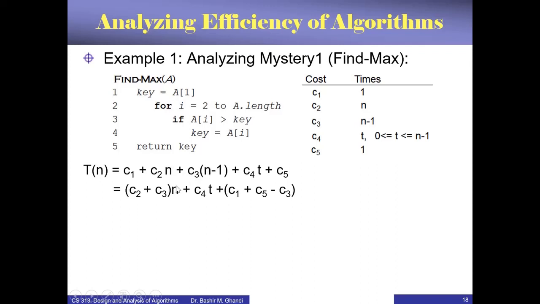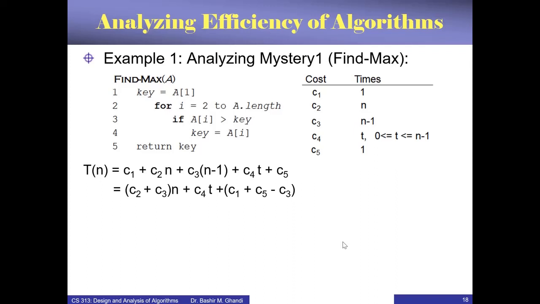So if you factor out the n, you will have C2 plus C3. And then you have terms that involve the variable t, which is the C4t. And then the terms that are constant, we're going to have C1 here. There's also C5. There's also minus C3, because C3 times minus 1 is minus C3. So we can collect those together and put them like this. Okay? This is the best we can do at the moment.